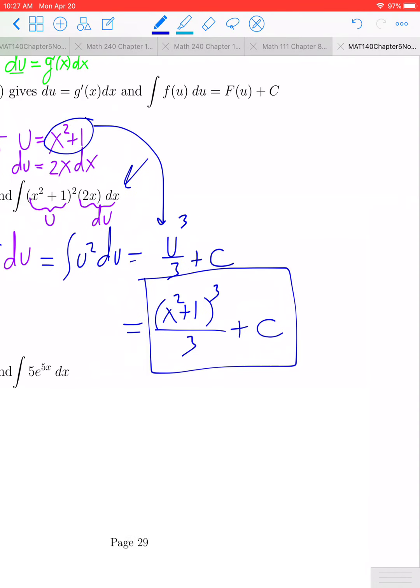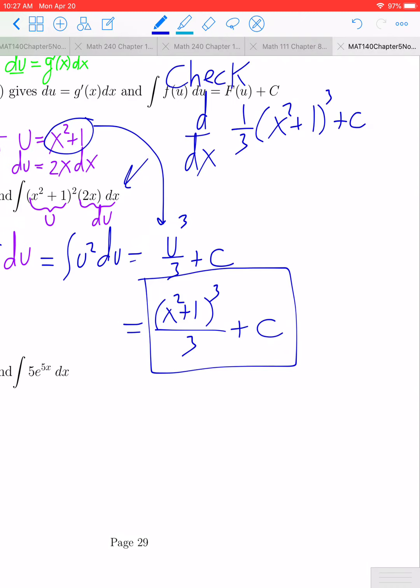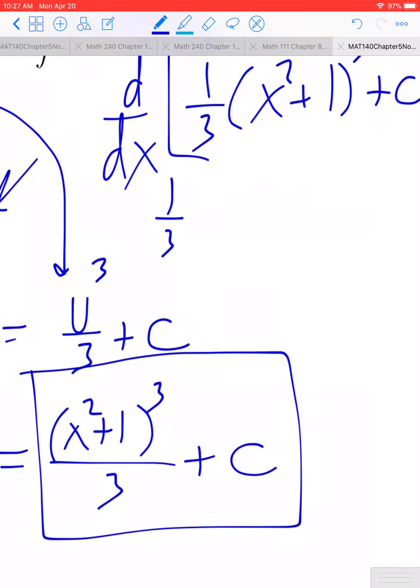We don't have to do this for all of them, but if you're curious, you can always go ahead and check this. If I take the derivative of this answer, 1/3 x squared plus 1 cubed plus c, will that indeed give us the original integrand? Well, let's find out. We would have 1/3.